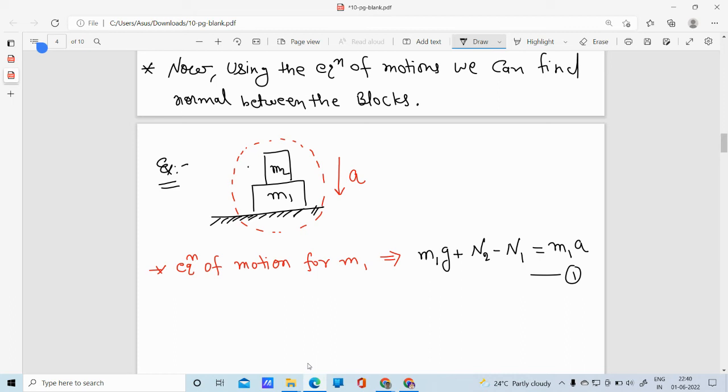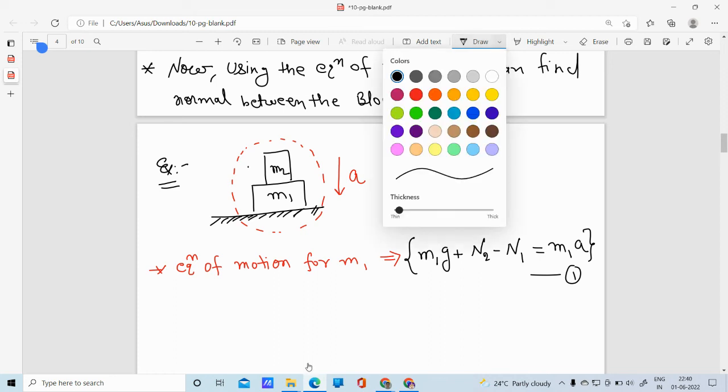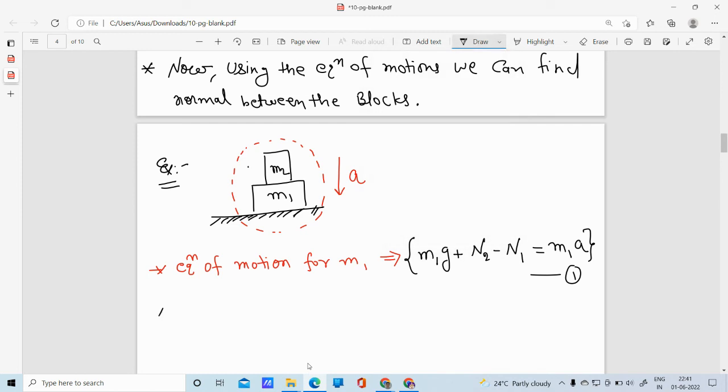One important thing is that this is for block 1, the equation of motion, and the equation of motion for M2 is very simple.